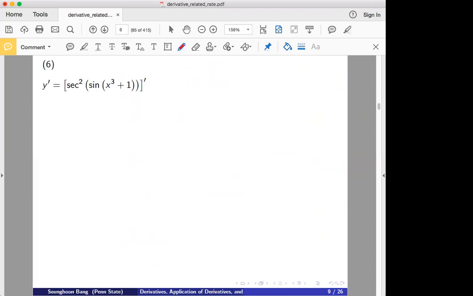The first one, what is the outer function? The first outer function is, yeah, squaring, that's right. I can change it a little bit like this. This is exactly the same as, was it a power of 2? This is secant of the inner function, sine of (x cubed plus 1), whole thing to the power 2.